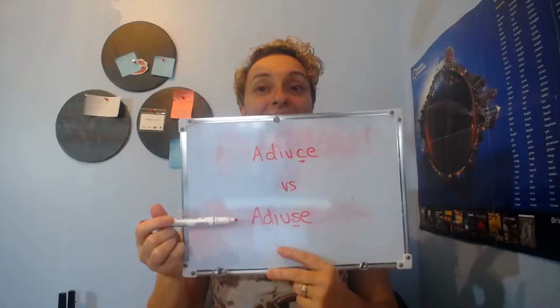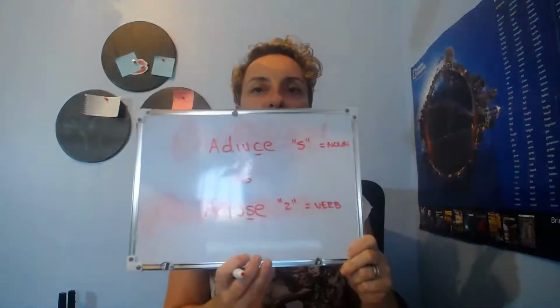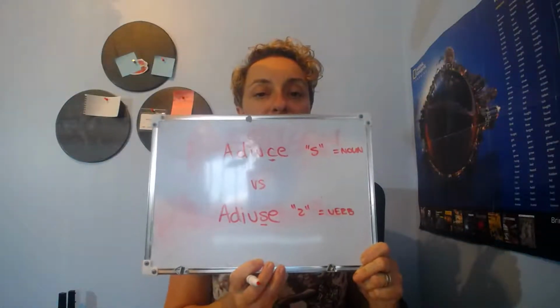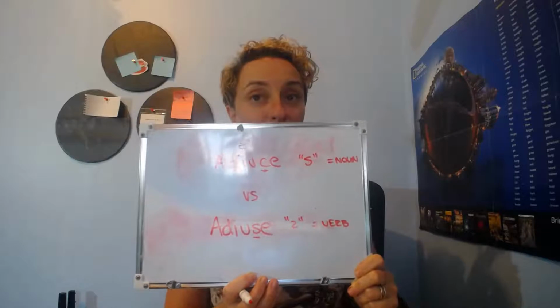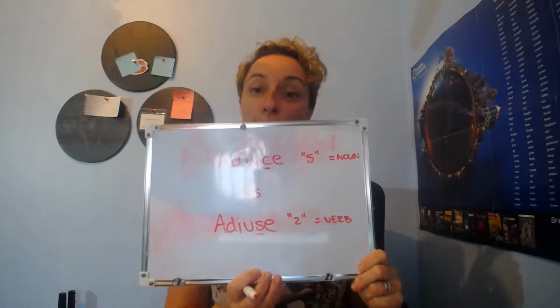Advise. I'm going to write that quickly for you. How's that? So the first one is advice, and that's a noun. And the second one is advise, and that's a verb.